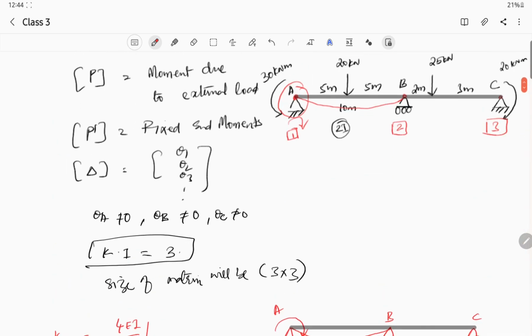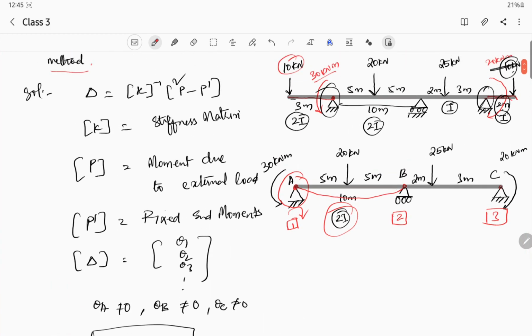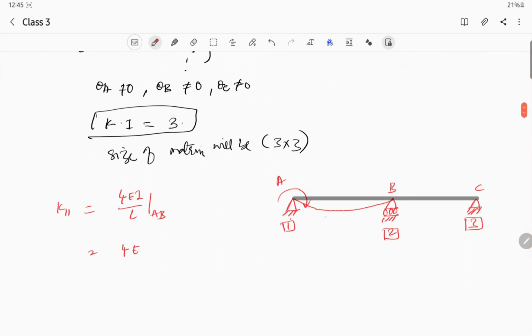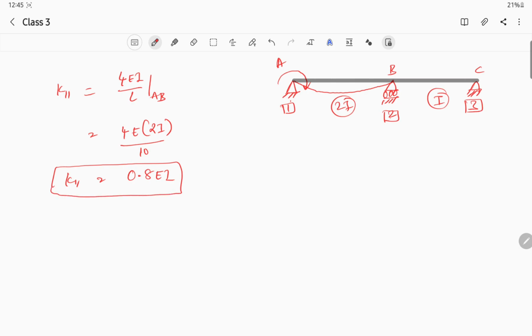For span AB you can see here we have 2I, and for this span it is I. So 4E times 2I. What is the length of span AB? 10 meters. So K11 is equal to 0.8 EI.